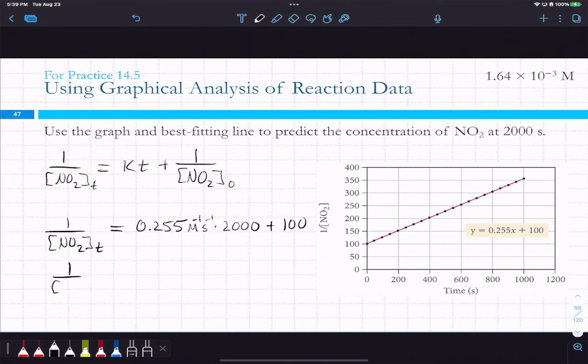So 1 over the concentration of NO2 is going to be 610. Actually, this is going to be inverse molar.